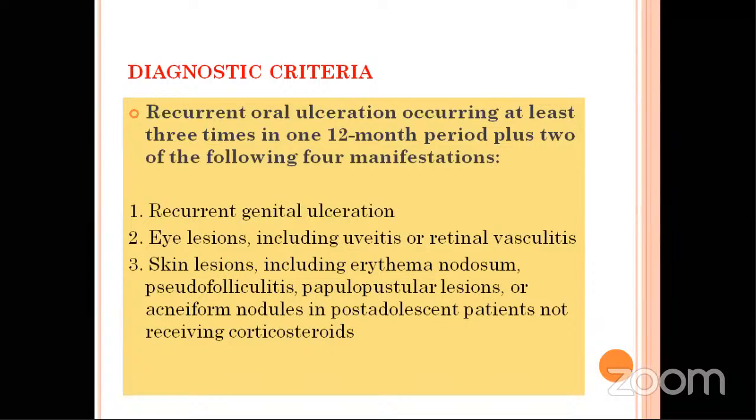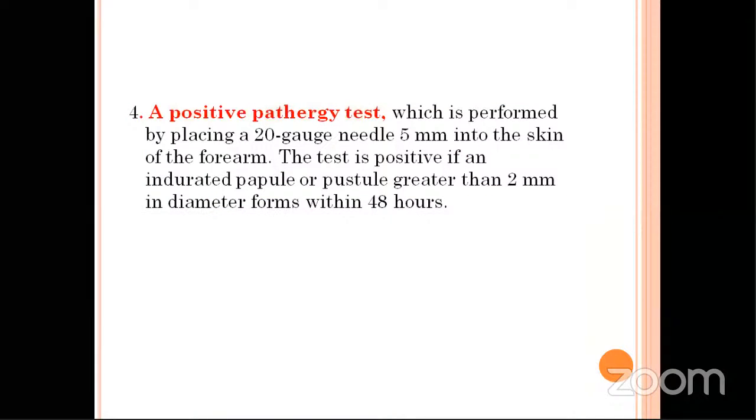Syndrome is a combination of symptoms, and in the pathergy test, a 20 gauge needle is inserted into the skin of the patient to about 5 mm depth, and a positive reaction is seen by the formation of a papule or pustule.